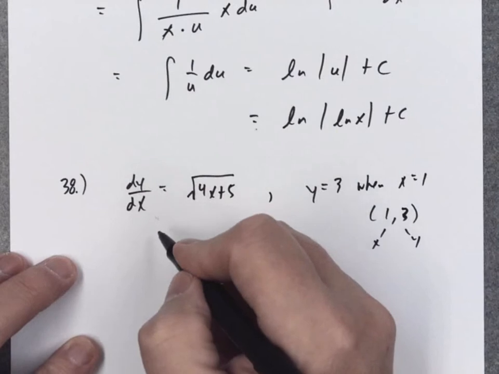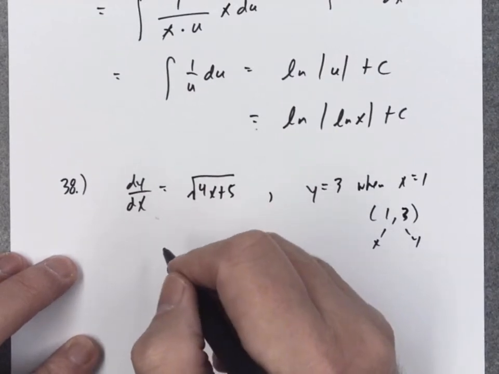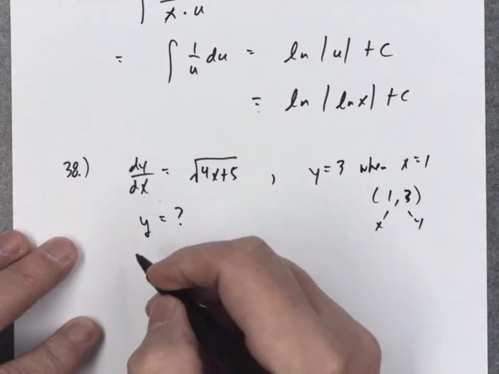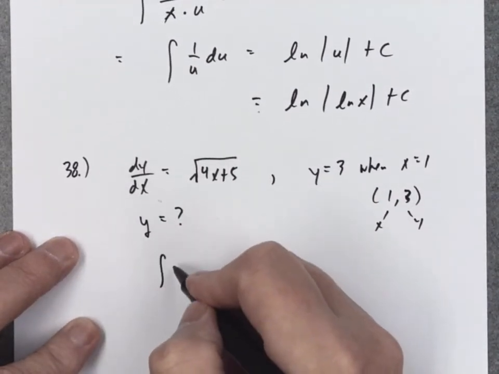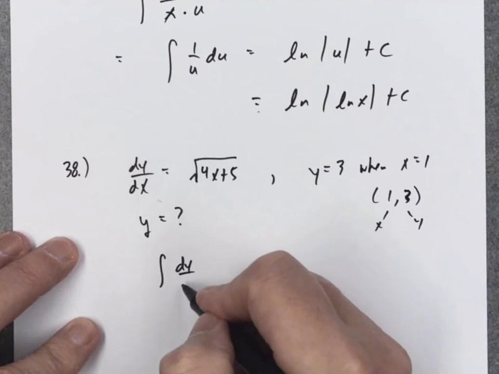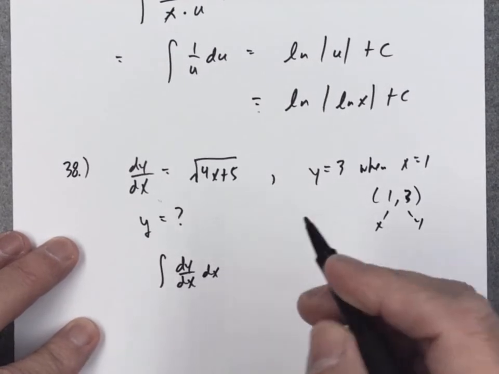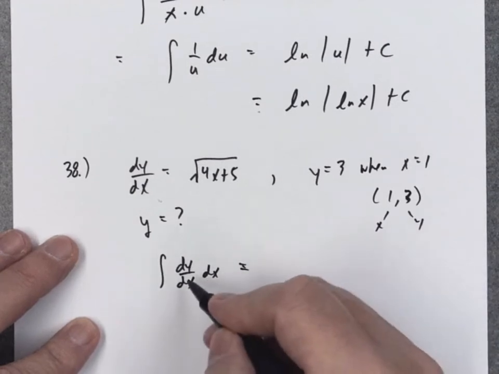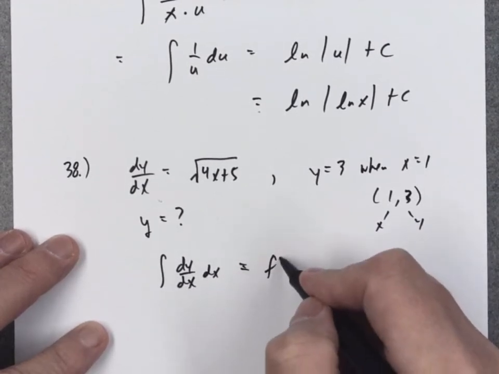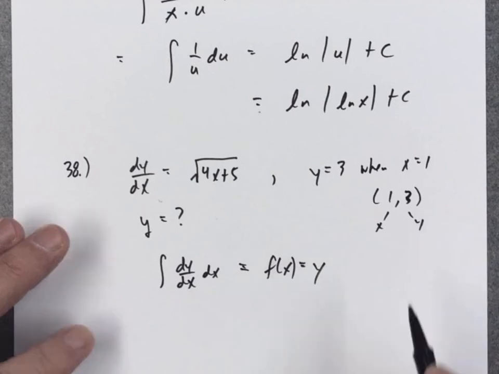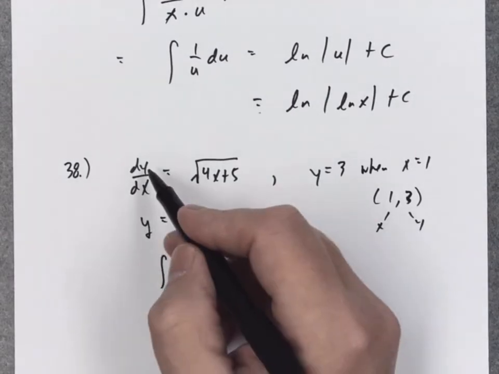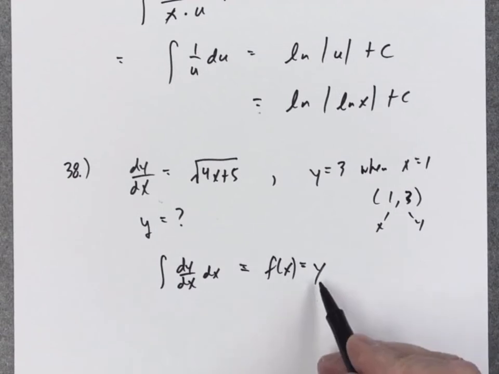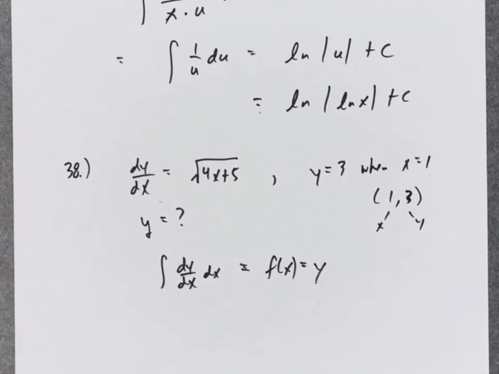And they're really wanting to know, once again, when you integrate the derivative, in this case, you get back your function, which we can also call y. So basically, we're going to take the integral of this and try and come up with our original equation, our original function.